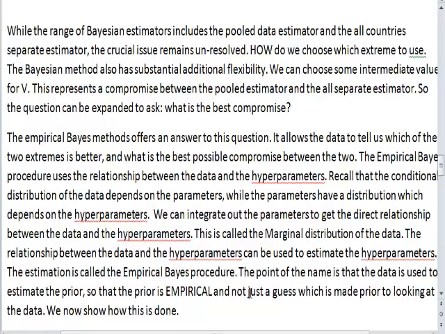When you multiply them together, you get the joint distribution of the data and the parameters given the hyperparameters. And if you integrate out the parameters, then you have the distribution of the data depending only on the hyperparameters. From that, you can use the data to estimate the hyperparameters, and that's the crucial step in the empirical Bayes method.